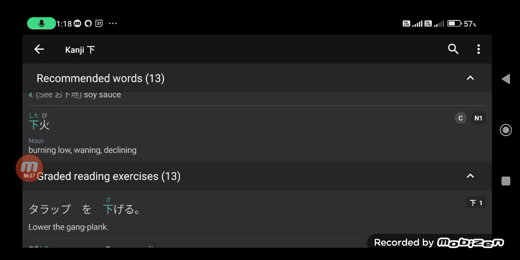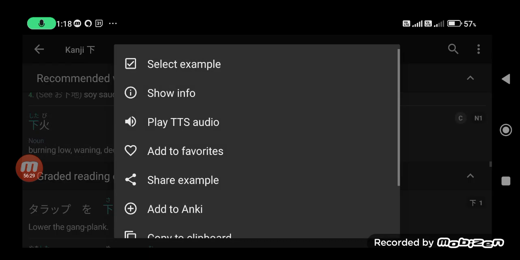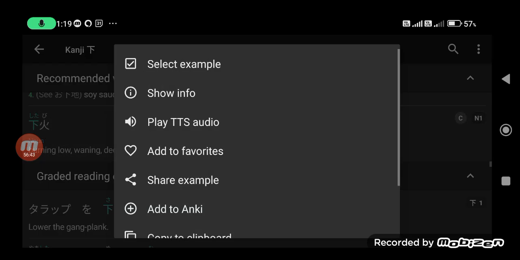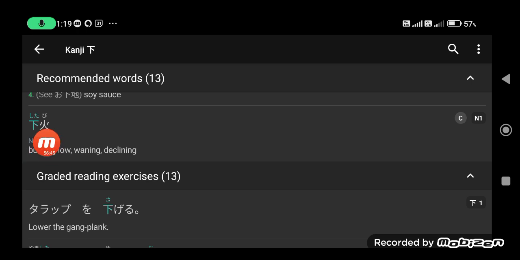How about this? 下火, Shitabi. The effect of kanji compounding, or fukugougo. In the description box, I will put the definition for fukugougo. What's the effect of kanji compounding here?